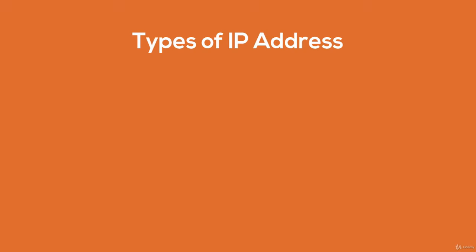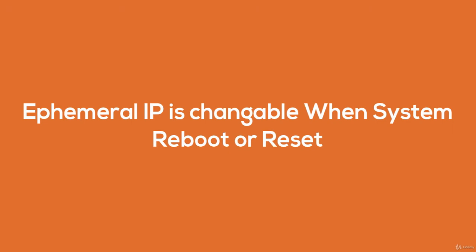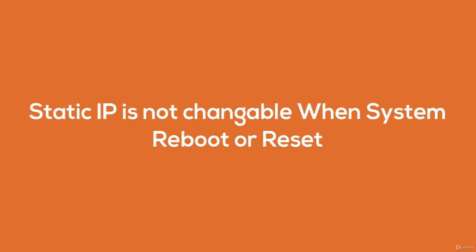So we have two types of IP address. The first one is ephemeral or dynamic IP address and the second is static IP address. The ephemeral IP address comes with a lease time which is set on the server. This IP changes after the lease time expires or when the system reboots.